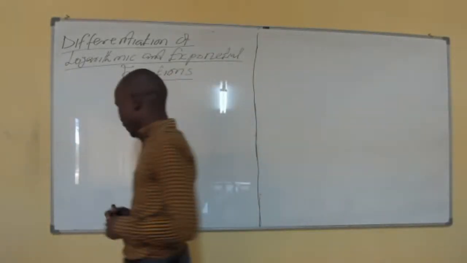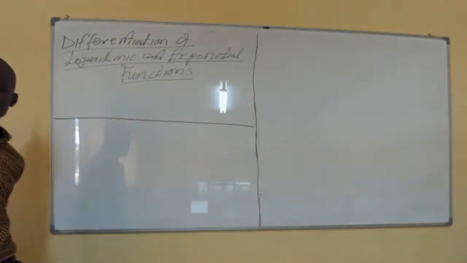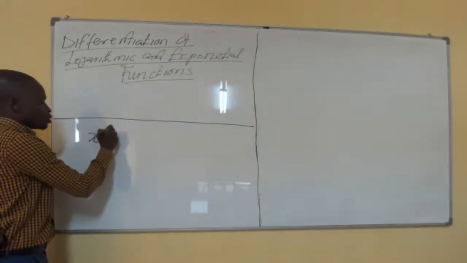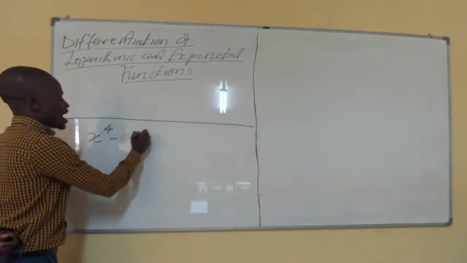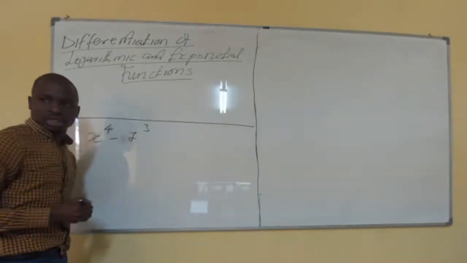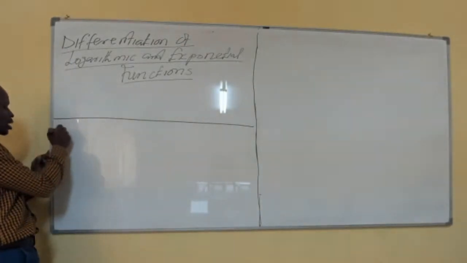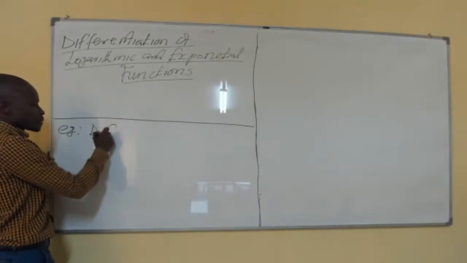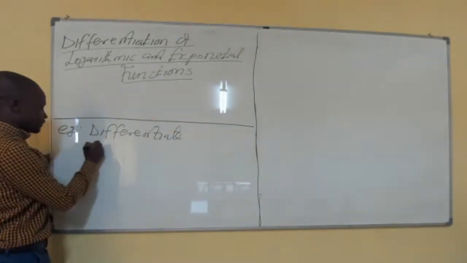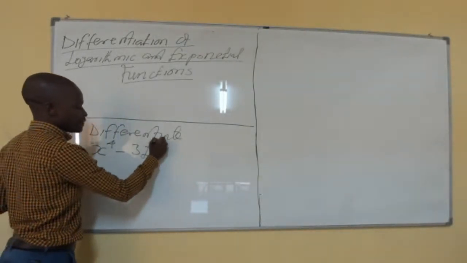For example, let me put a line here before I start. If I give you this question: differentiate the function x power 4 minus 3y power 5.